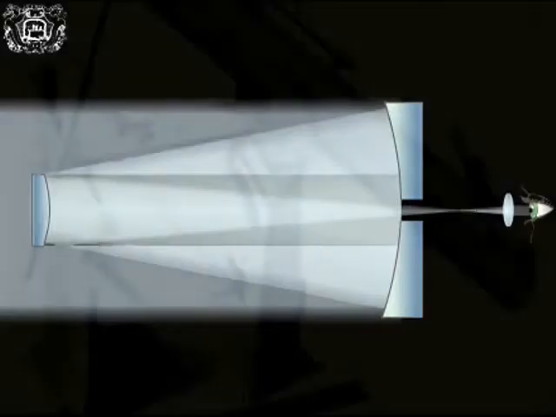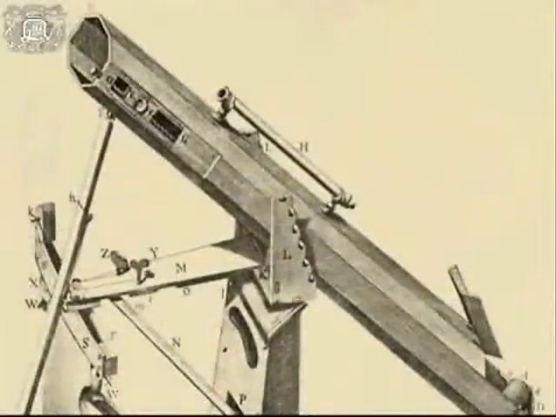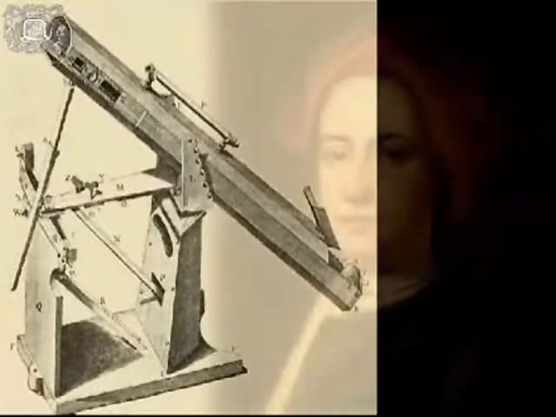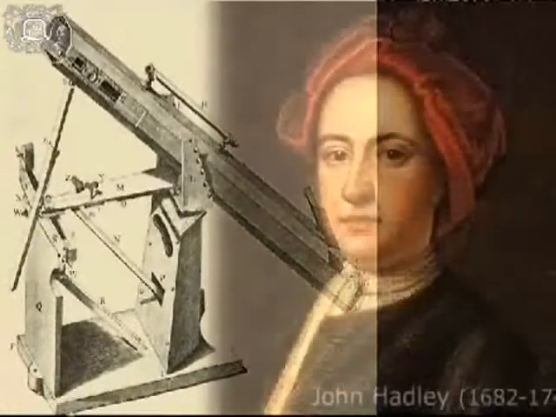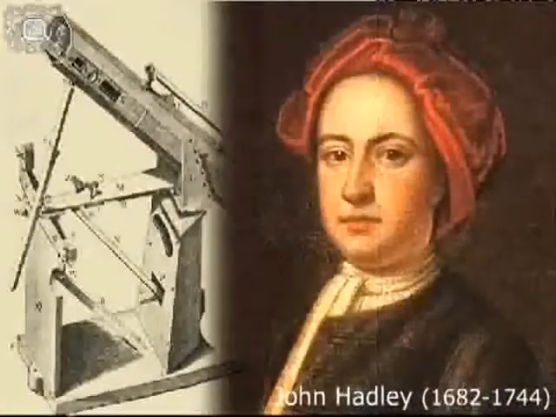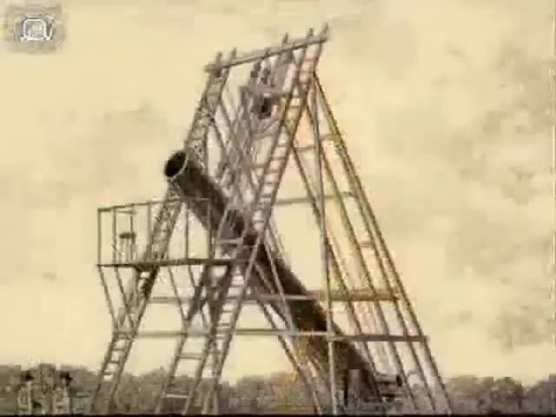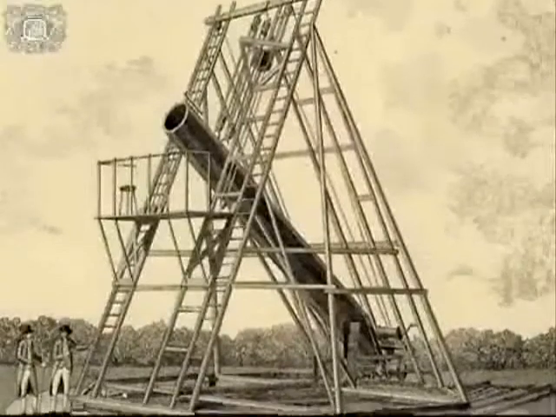The first truly efficient reflecting telescope was a Newtonian one, with a 6-inch aperture presented in 1721 to the Royal Society by the Englishman John Hadley. Its performance equalled that of Huygens' refracting telescope, 123 feet long.